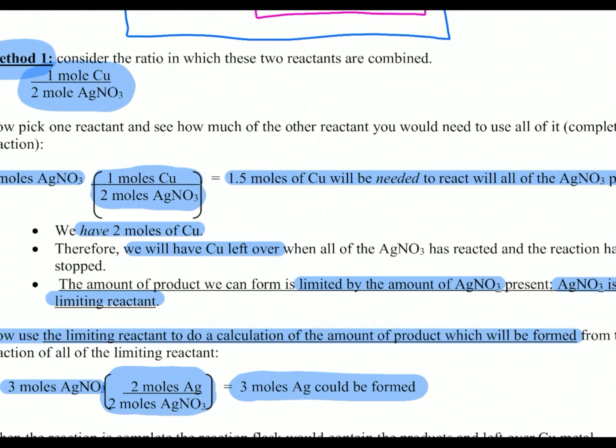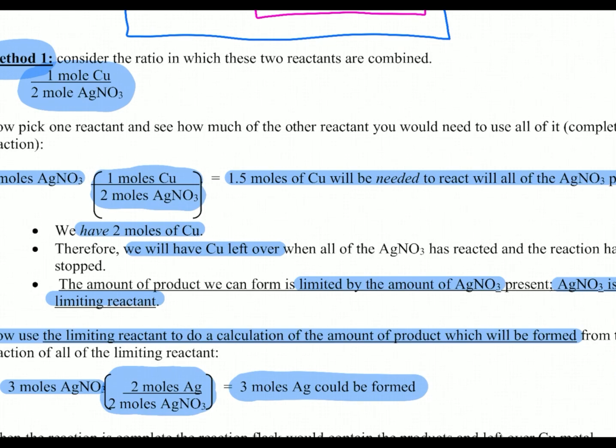So with this one, compare the two reactants, figure out which one will be the limiting reactant based on how much you need versus how much you have. Once you make that decision, you use the limiting reactant to then calculate how much product could be made.